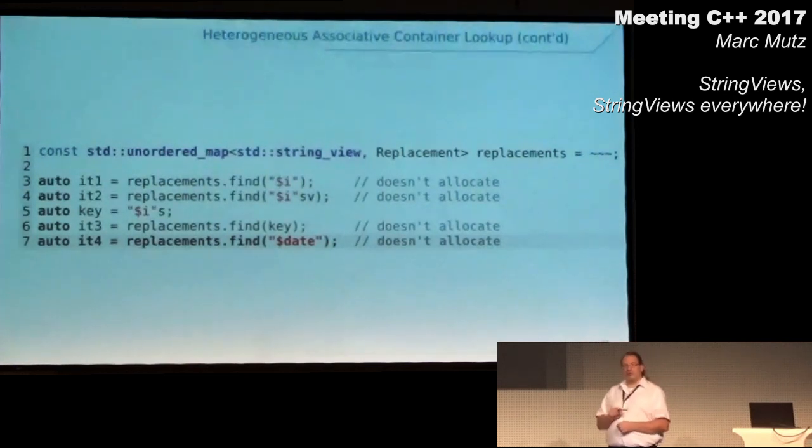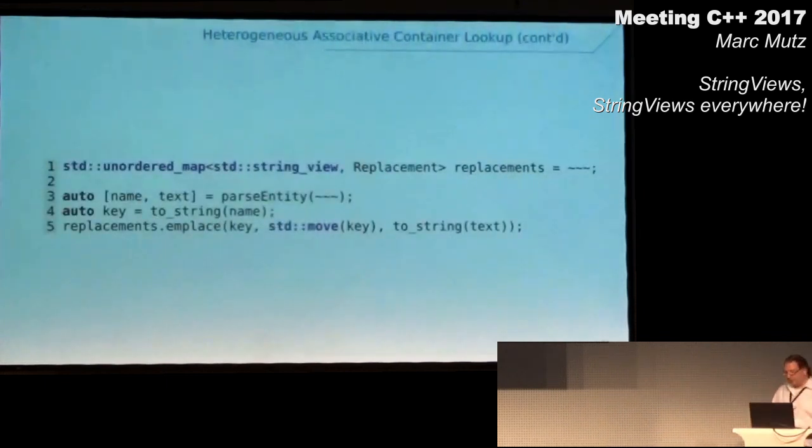But since we don't require the diamond-shaped operator, less diamond, we now can do this on unordered_map, which does not have this feature, or QHash, which also does not have this feature. So here's the drawback. When you put something into the map, you have to do a bit more work.